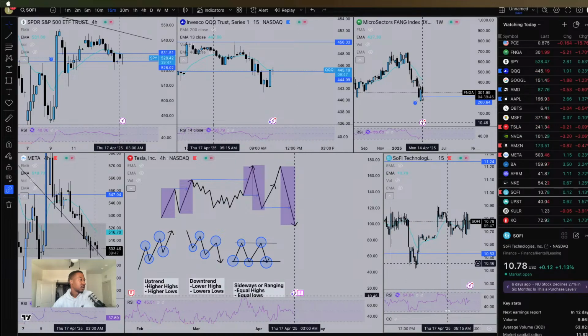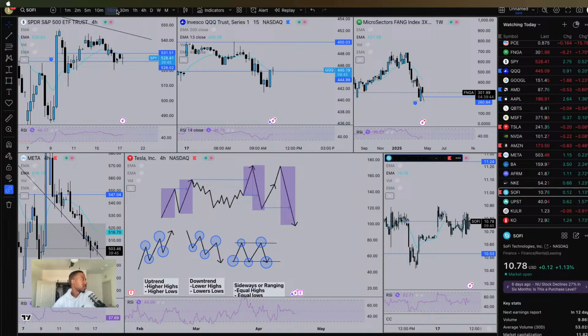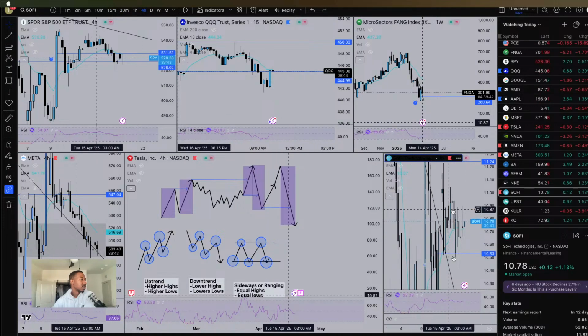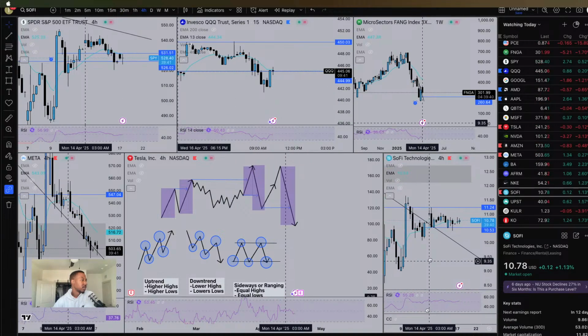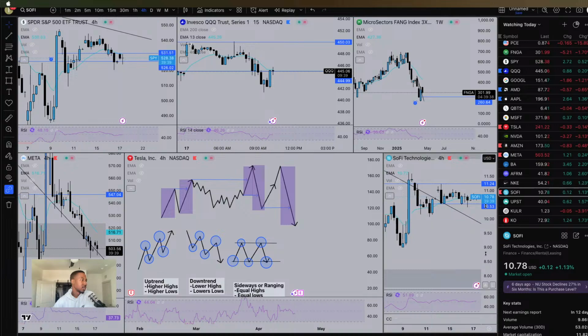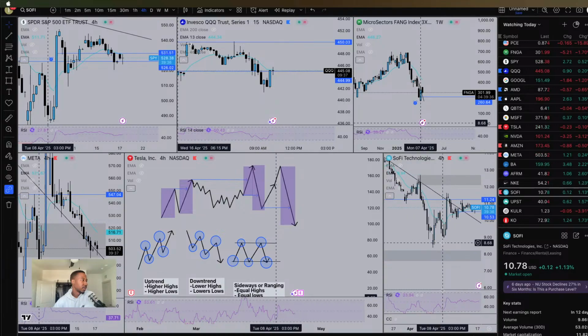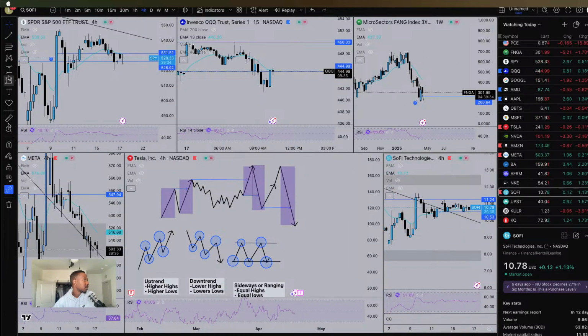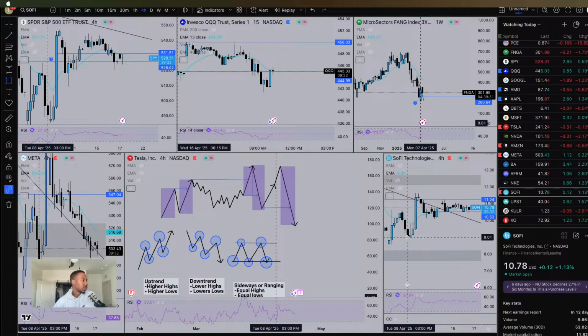Yeah, so now you know what it looks like when something is in a range. If you hear me say something's in a range, like if I'm looking at SoFi and I want to find the range real quick, to me, this is the range.